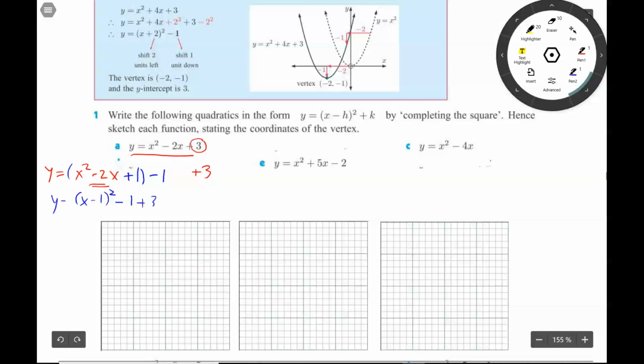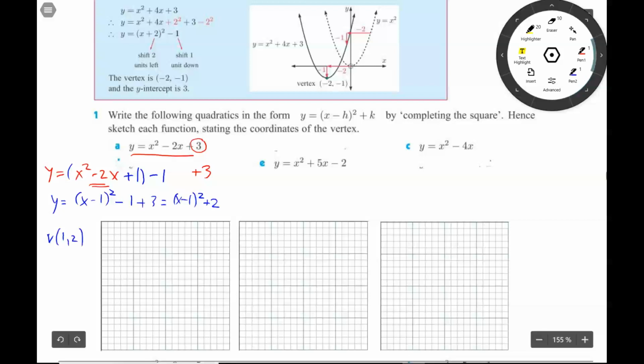So if I rewrite this simplified, my new HK form is x minus 1 squared plus 2. Because I added the 3 to the -1, I ended up with plus 2. What's my vertex? My vertex is going to be +1, +2, right? Okay. So I have found the vertex.